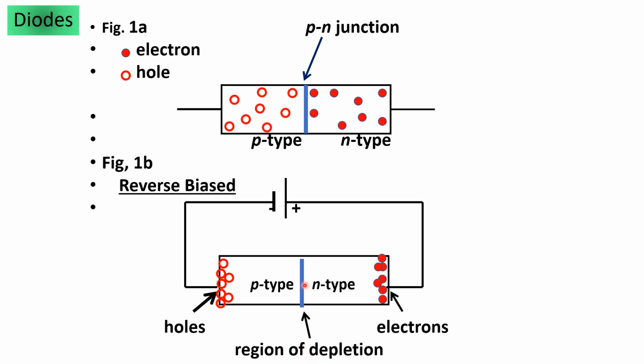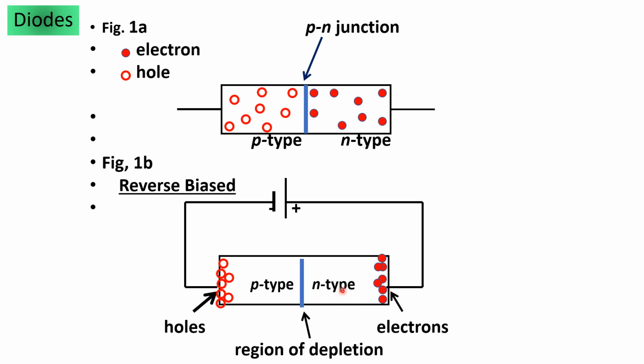The p-n junction becomes depleted of the moving electrons and the moving holes.